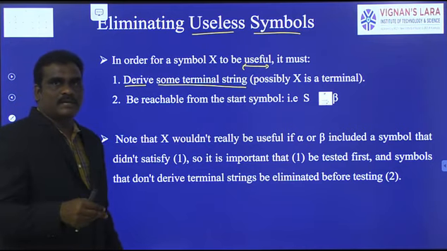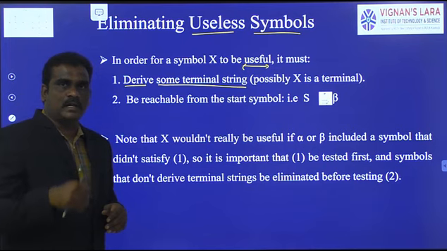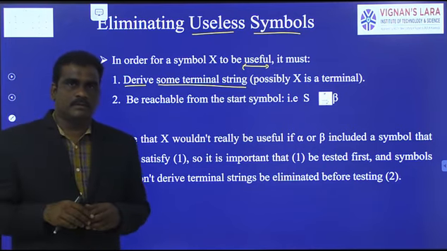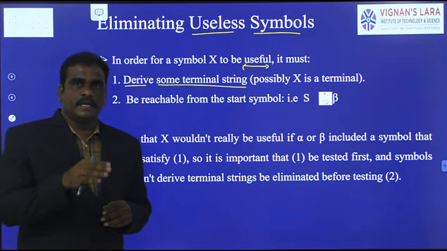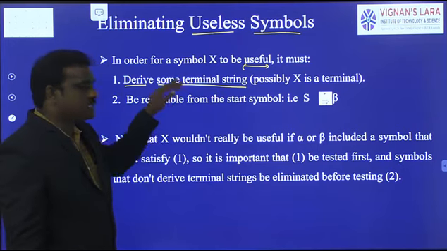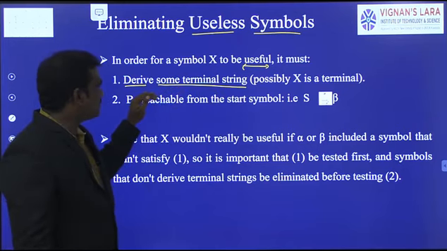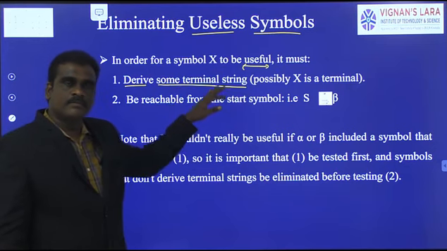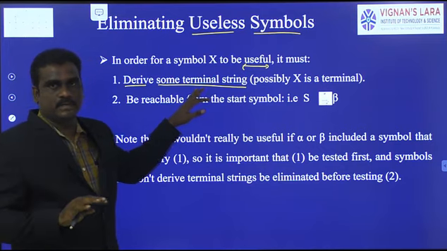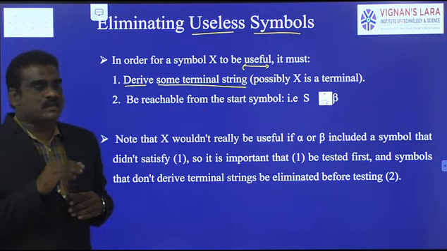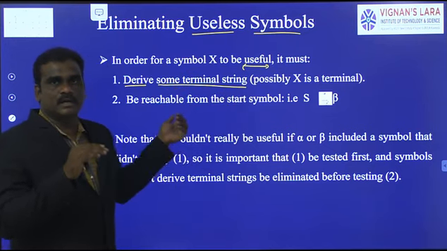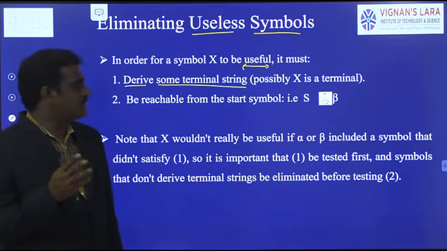The grammar contains terminals and non-terminals, and each non-terminal has some production, so each non-terminal derives some string of terminals. Then those non-terminals are useful symbols. Suppose any non-terminal does not derive a terminal string, then that non-terminal is a useless symbol.